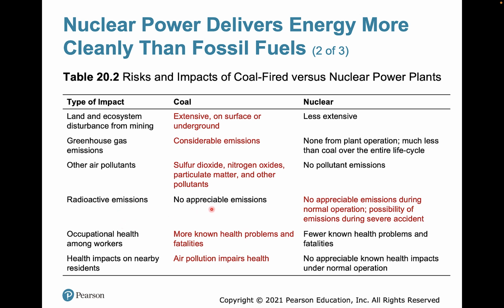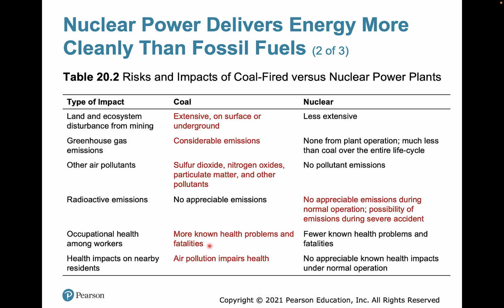Radioactive emissions, there are no appreciable emissions from coal, and really there are no appreciable emissions during normal operation in a nuclear power plant. However, this is the part that gets everybody. There's a possibility of emissions during a severe accident, okay? And we're going to talk about 3 incidents in my lifetime, and I'm not that old, where there have been emissions of radioactive material.